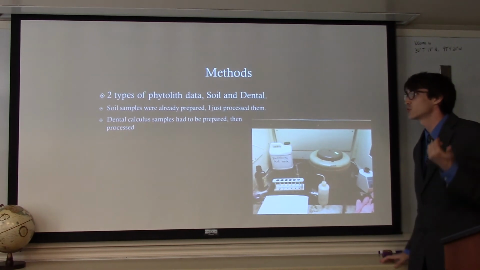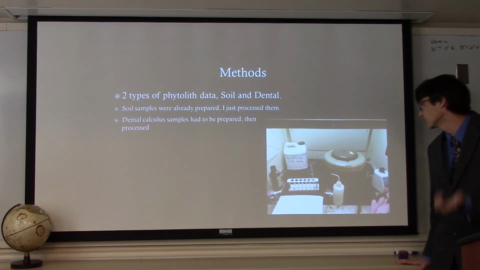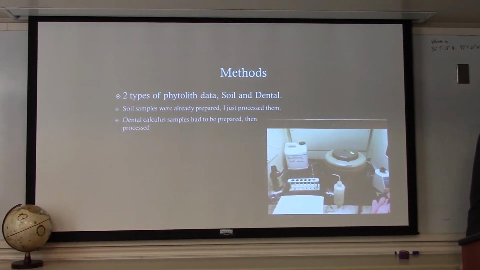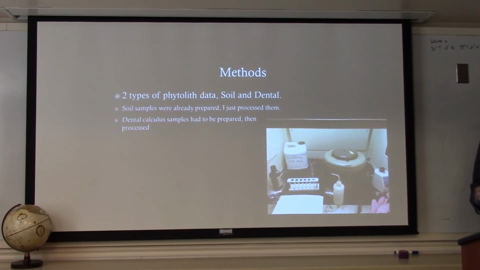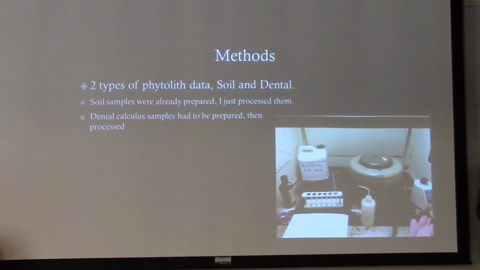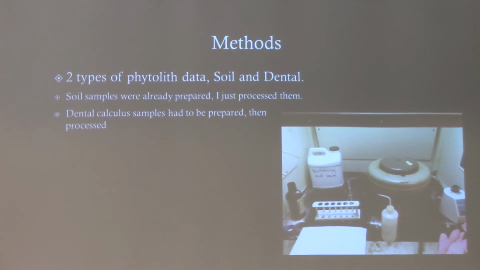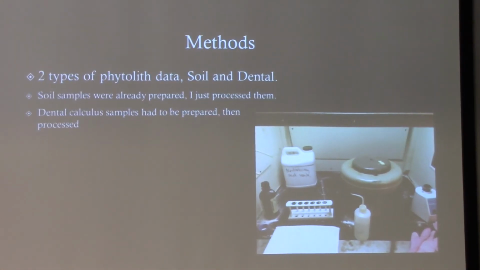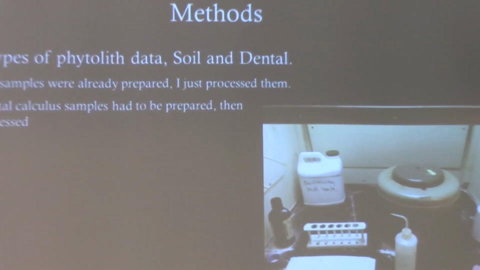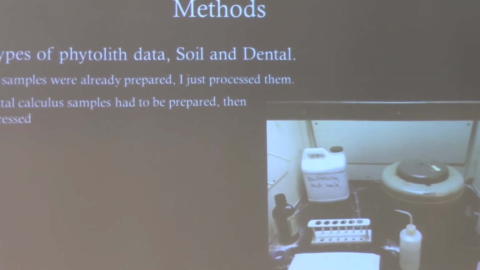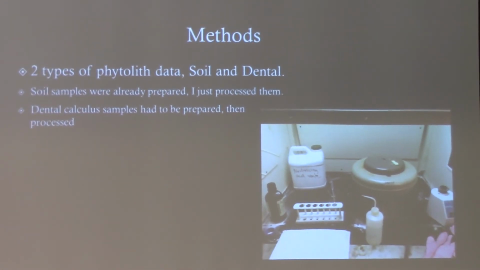The soil samples were already prepared. I just processed them for phytoliths, so all I did was go through and count them, and then each of the dental calculus samples had to be prepared before I could process them and determine what phytoliths they had within them.